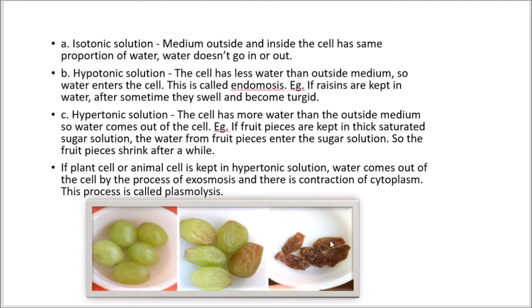Like this, in the third picture you can see the raisins. If a plant cell or animal cell is kept in hypertonic solution, water comes out of the cell by the process of exosmosis, and there is a contraction of cytoplasm. This process is called plasmolysis.